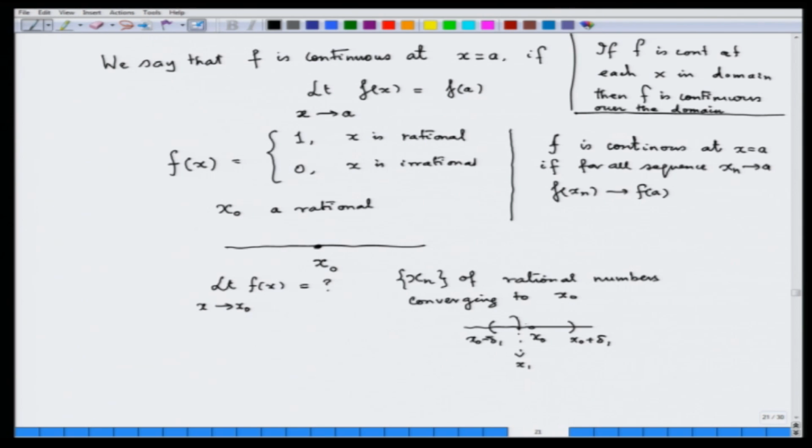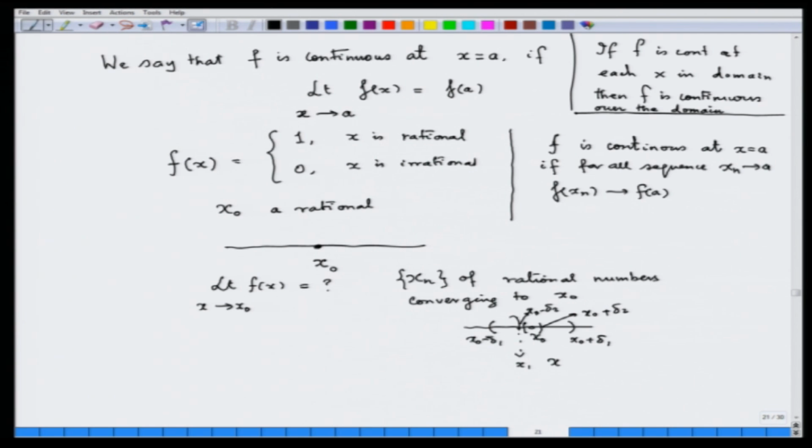Then make a much smaller neighborhood which does not contain x1. Say that neighborhood is x naught minus delta 2 to x naught plus delta 2. You choose another x2, and you can keep on decreasing the size of the neighborhoods.